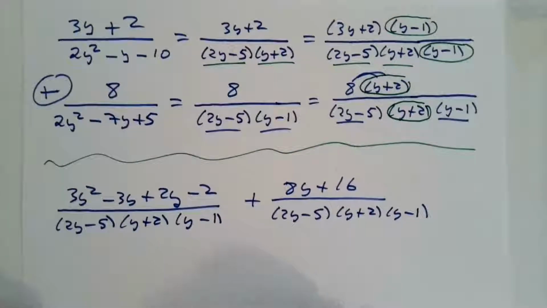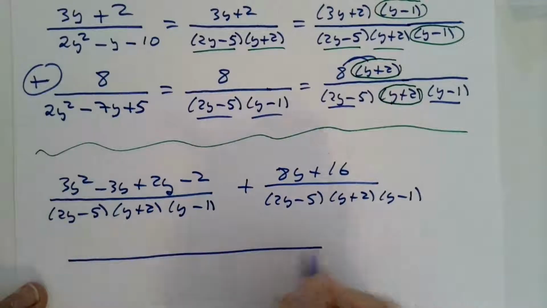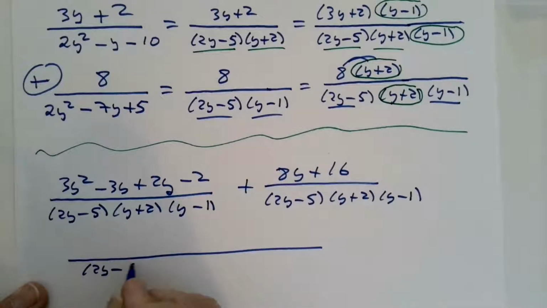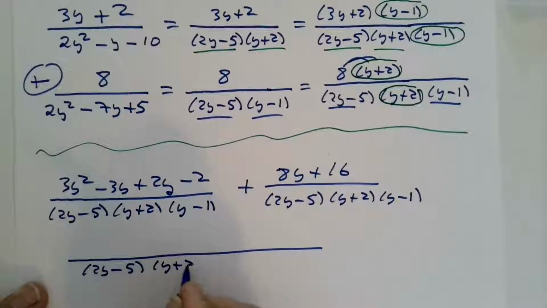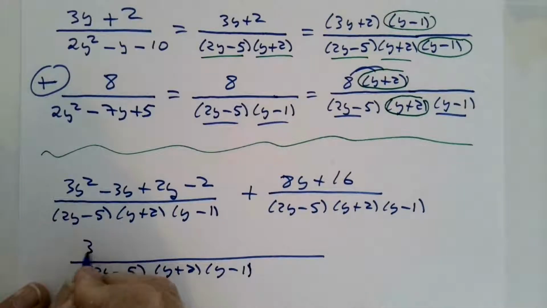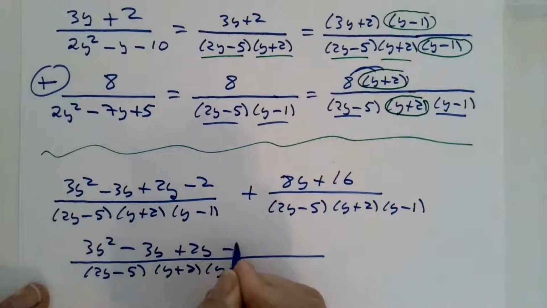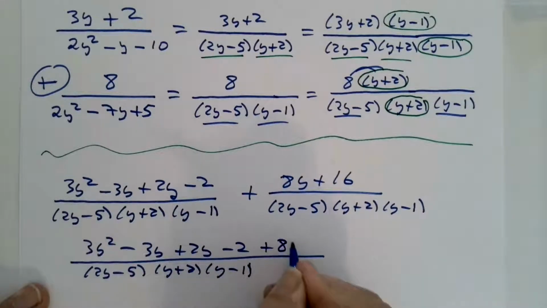Now we can write all of this over a single denominator, 2y minus 5, y plus 2, y minus 1. Adding all this together: 3y squared minus 3y plus 2y minus 2 plus 8y plus 16.